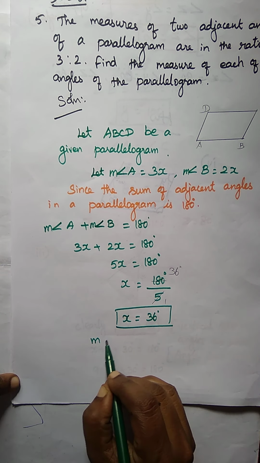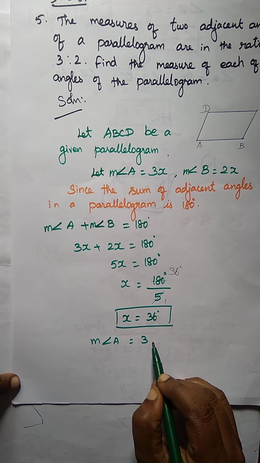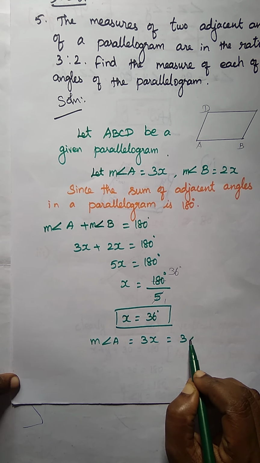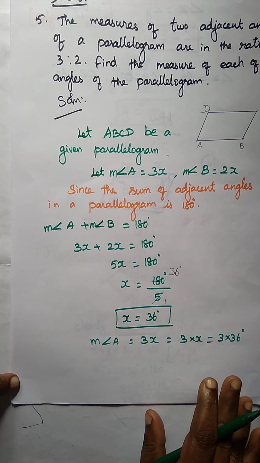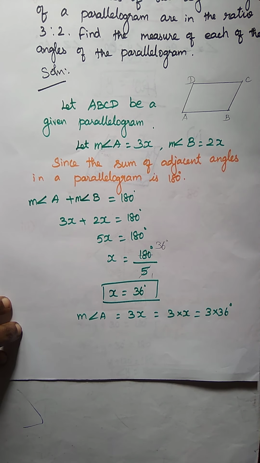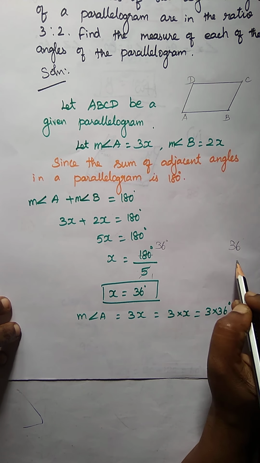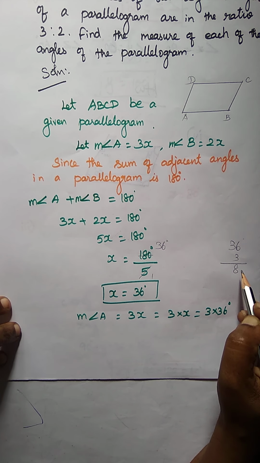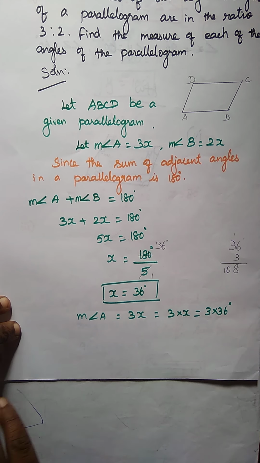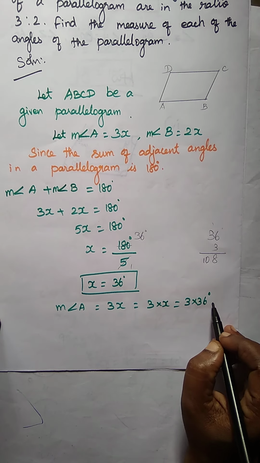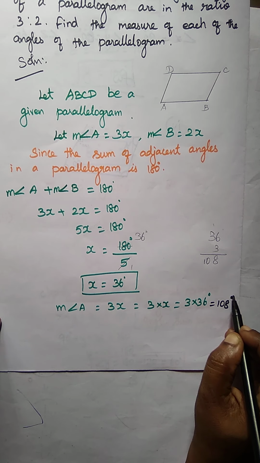Okay, so angle A is equal to 3x. 3x means 3 into x, that is equal to 3 into 36 degree. 36 into 3, multiply: 3 6s are 18, remaining 1, 3 3s are 9, 108. So 108 degree.